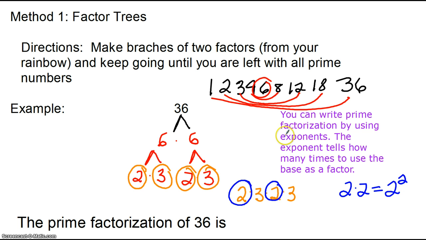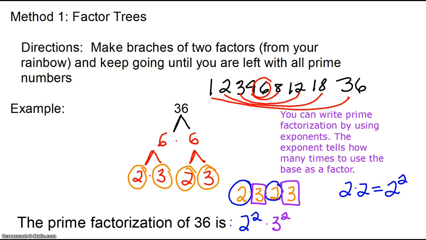You can write prime factorization by using exponents, and the exponent tells us how many times to use the base, which is 2, as a factor. So the prime factorization of 36 is 2 squared times 3 squared, because I have 3 two times.